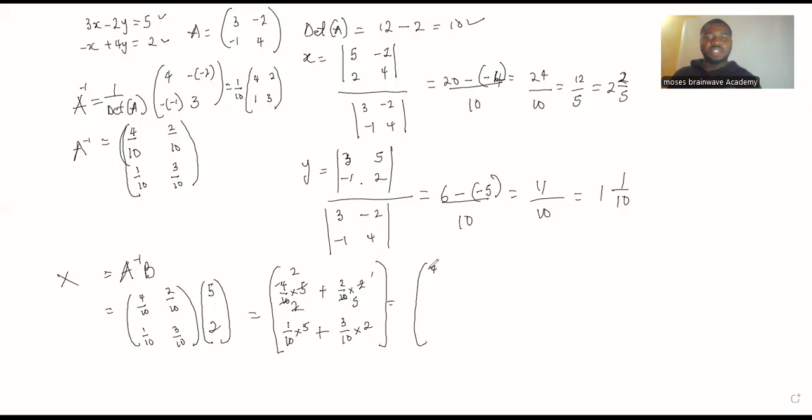So here I'm just left with 2. 2 plus 2 all over 5. Is that correct? 2 plus 2 all over 5. Then here I'm left with 2, here 1, so 1 all over 2. This will go 1, then 5. So here I have plus 3 all over 5.